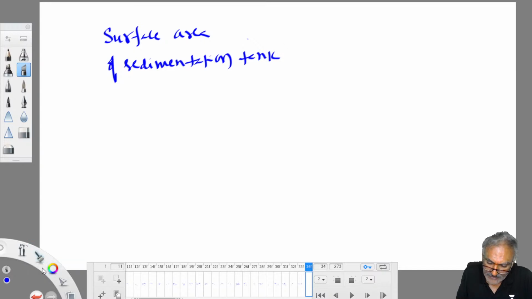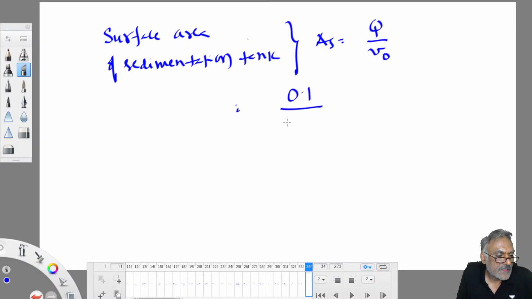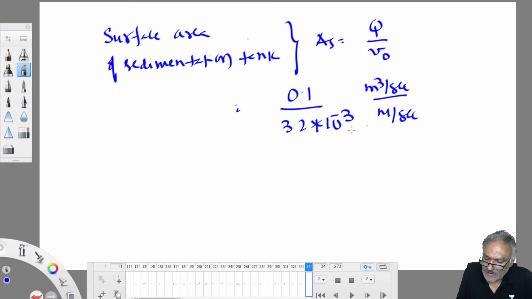Okay? Q by V naught. Q is given as 0.1 meter cube per second, V naught value is 3.2 into 10 power minus 3. So meter cube per second by meters per second will straight away give surface area in meters square.